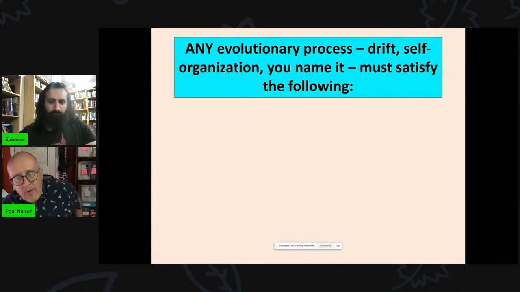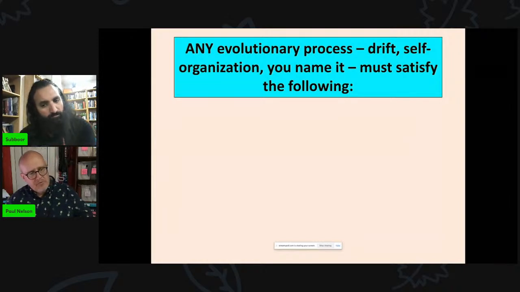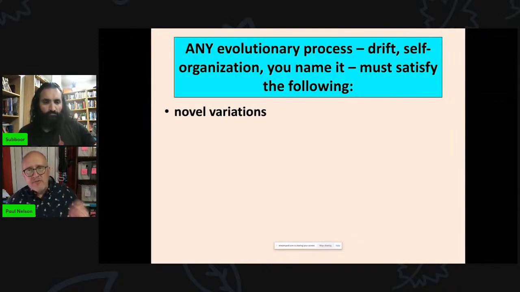However, and this is a critical slide, any evolutionary process, genetic drift, self-organization, natural genetic engineering, take your pick on the full buffet or serving table of different possible evolutionary theories, any evolutionary process must satisfy the following.